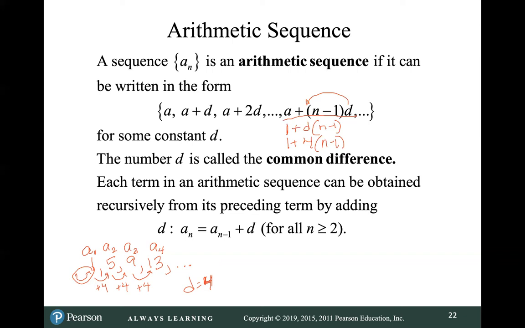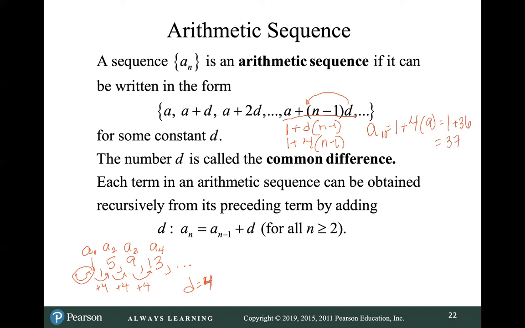I added it twice to get the third term. I added it 3 times to get the fourth term. So to get the 10th term, I will have added it 9 times. So in this case, to find A10, I would say I started at 1, I added 4, but I added it 9 times. So 9 times 4 is 36. So my answer here is 37.